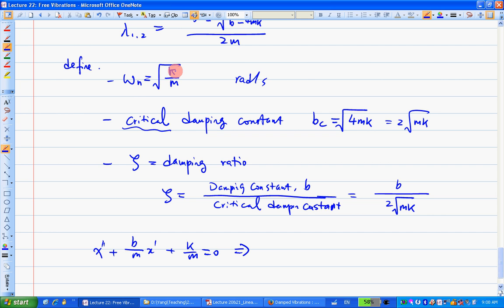This term is basically omega squared, omega n squared, as I call it. And the coefficient b over m, with a little manipulation, is equal to 2 zeta omega n. So 2 times zeta times omega n, you get back this b over m.